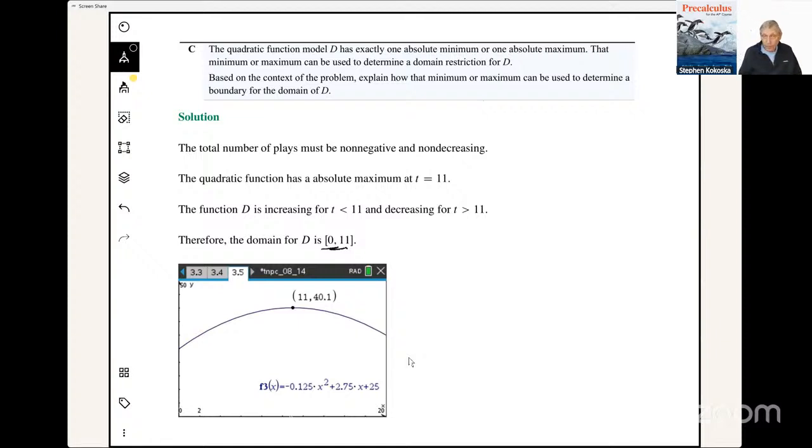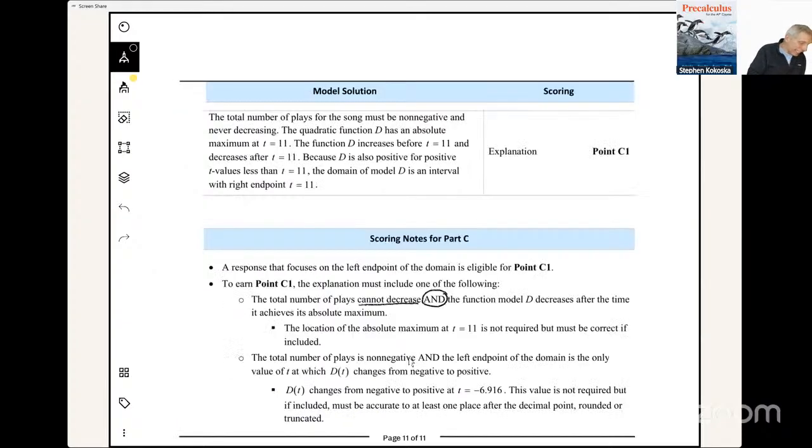Well, we know here that beyond t equal to 11, D is decreasing. We know that D represents the total number of songs played, and so that can't happen. So t equal to 11 has got to be a right-hand boundary on the domain of this function. Long-winded way to get it, but at least I can see it visually.